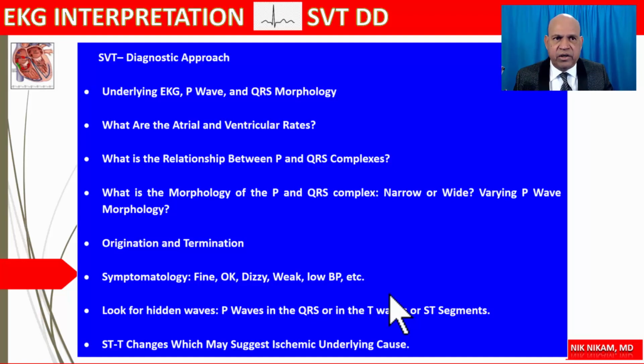Does this patient have significant ST-T changes with chest pain? Is this myocardial ischemia that is triggering this supraventricular tachycardia? So all these things have to be put into this blender in the mind, and then we come up with a composite answer as to what is the most logical diagnosis, and most importantly, what is the next step you're going to take in terms of managing this acutely.